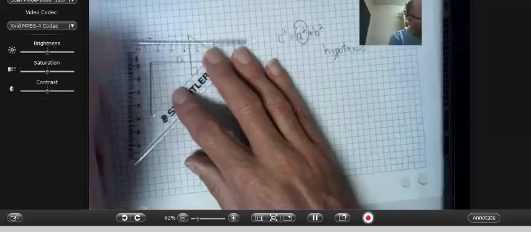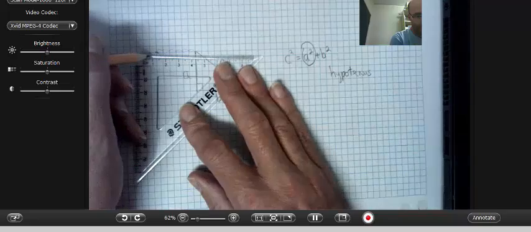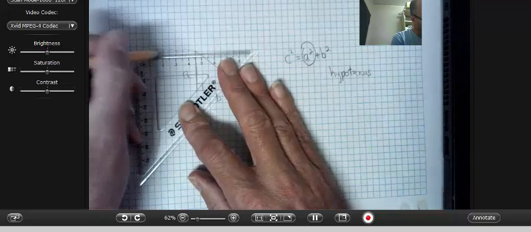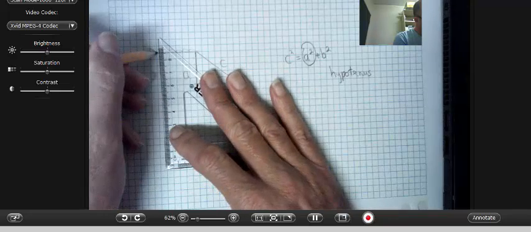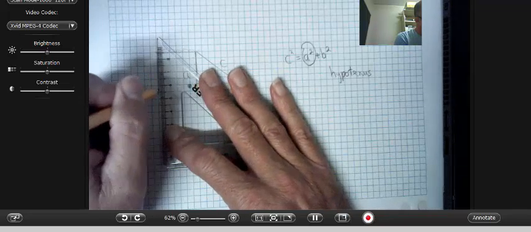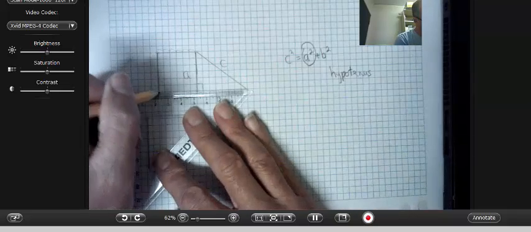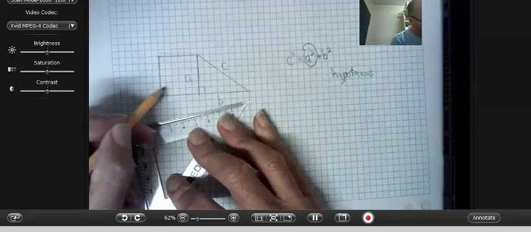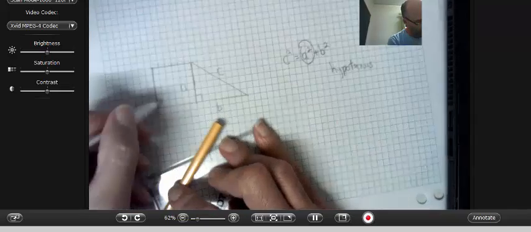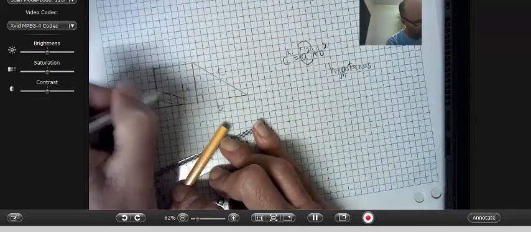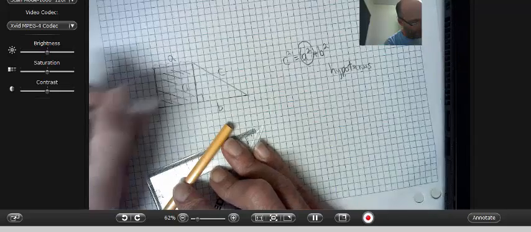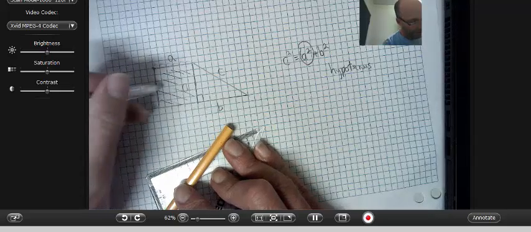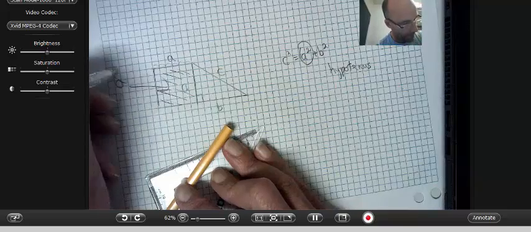And we turn that into a square. So here we go, and we complete this square. And so we have an area, and remember, area of a square is side times side. All of the sides are A, so to get this area we would have A squared.